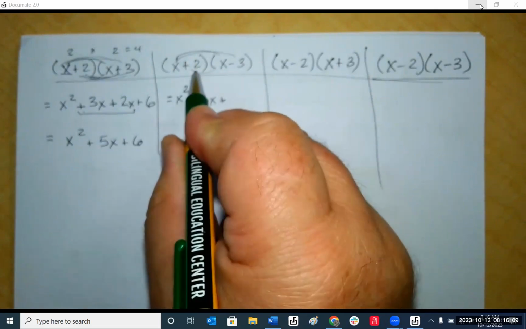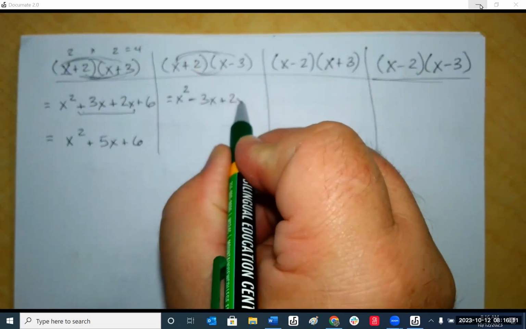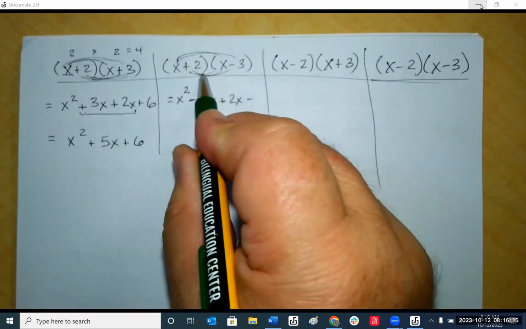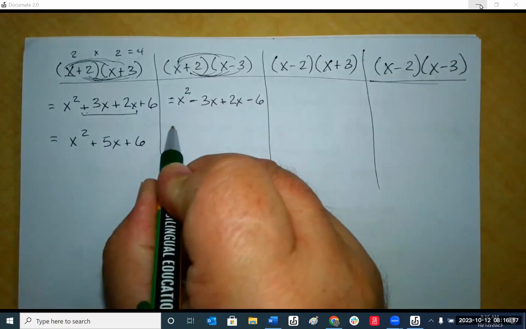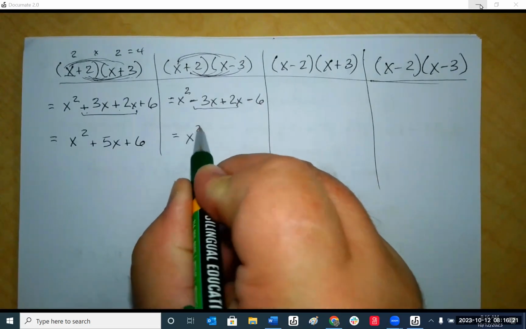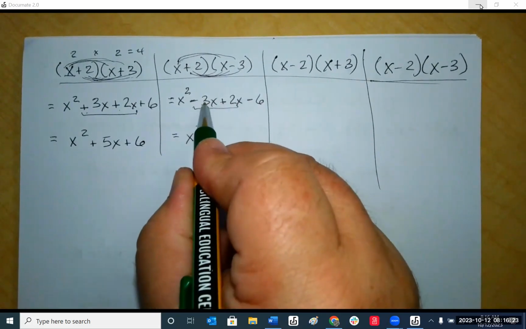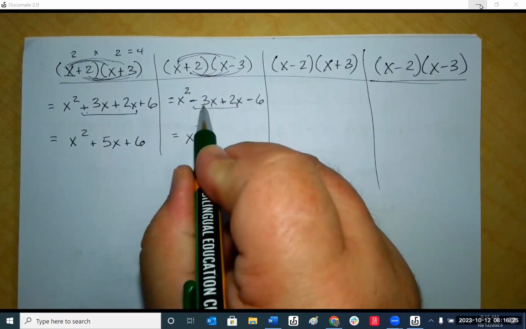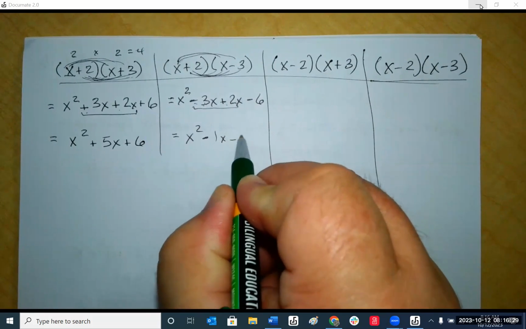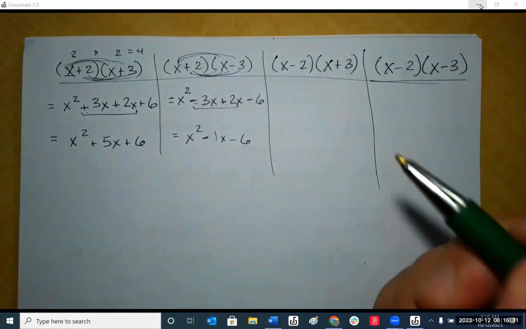Positive times negative is positive. 2 times x is 2x. Positive times negative is negative. 2 times 3 is 6. Combine like terms. Negative 3, positive 2. 3 is bigger, so the answer is negative. 3 minus 2 is 1x minus 6.